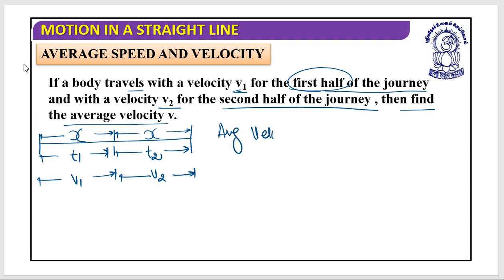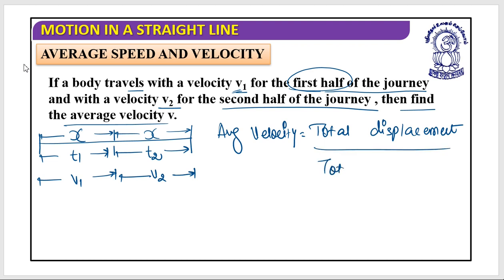Average velocity should be equal to total displacement divided by total time taken. Now what is total displacement? The data has given x plus x, this is 2x, while the total time is t1 plus t2.